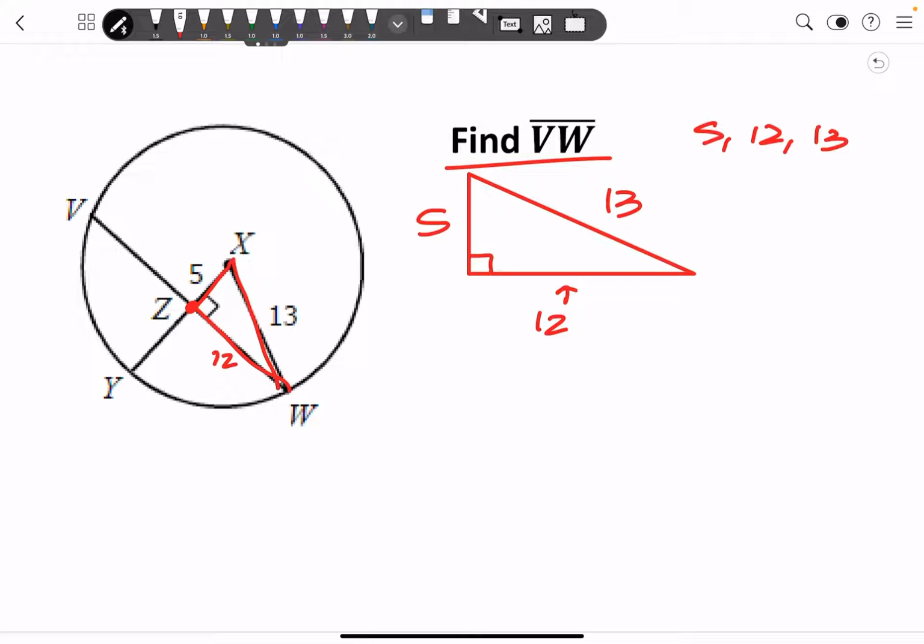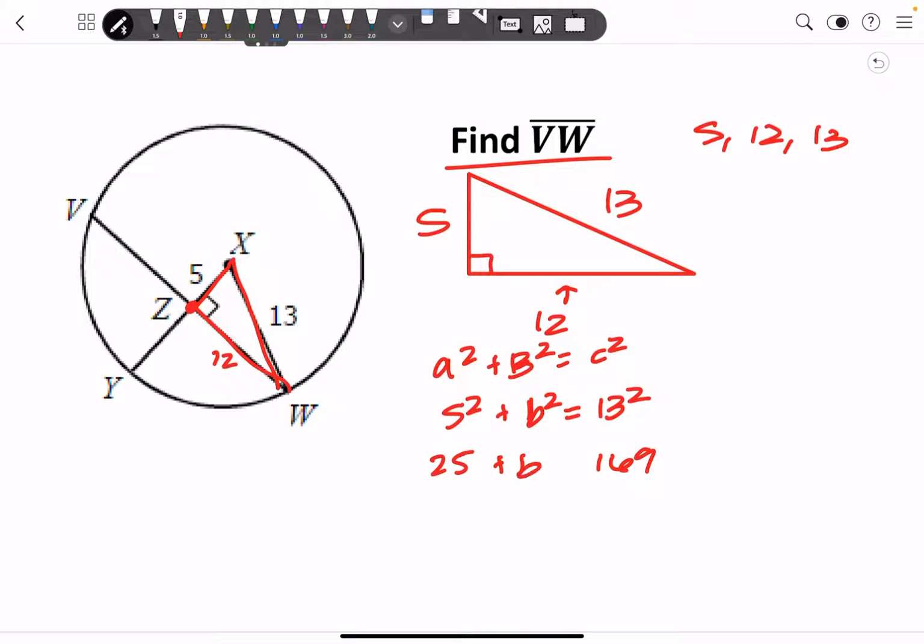Now, if you're like, wait, how did you do that? Or you don't remember your Pythagorean triples, then just do a squared plus b squared equals c squared and solve for it. You would get 5 squared plus whatever b squared is equal to 13 squared. So you get 25, 169. And do all of this math and then 169 minus 25 is going to equal b squared.